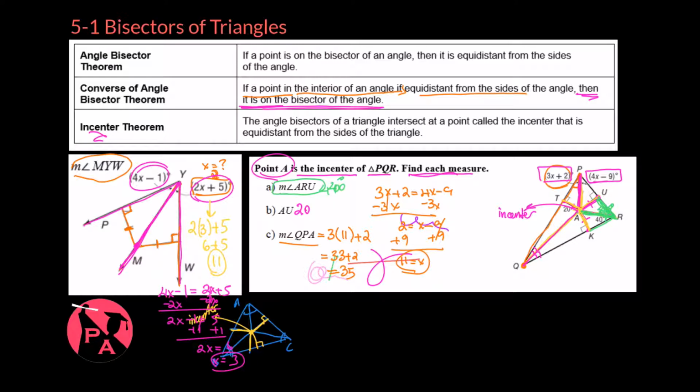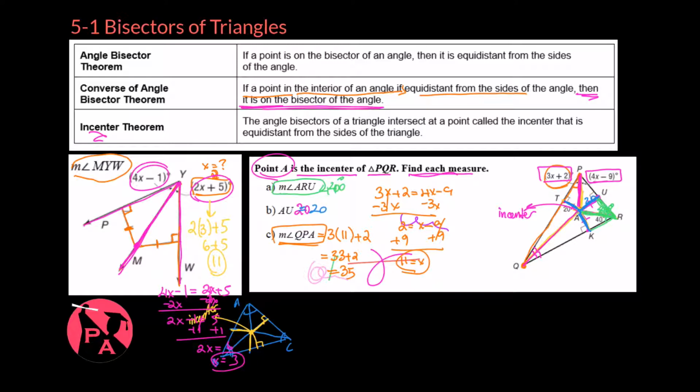The measure of segment AU, or the distance between those two points. AU is right here. This is the same as that, which is 20, and also this one is going to be 20 as well. So it's 20.